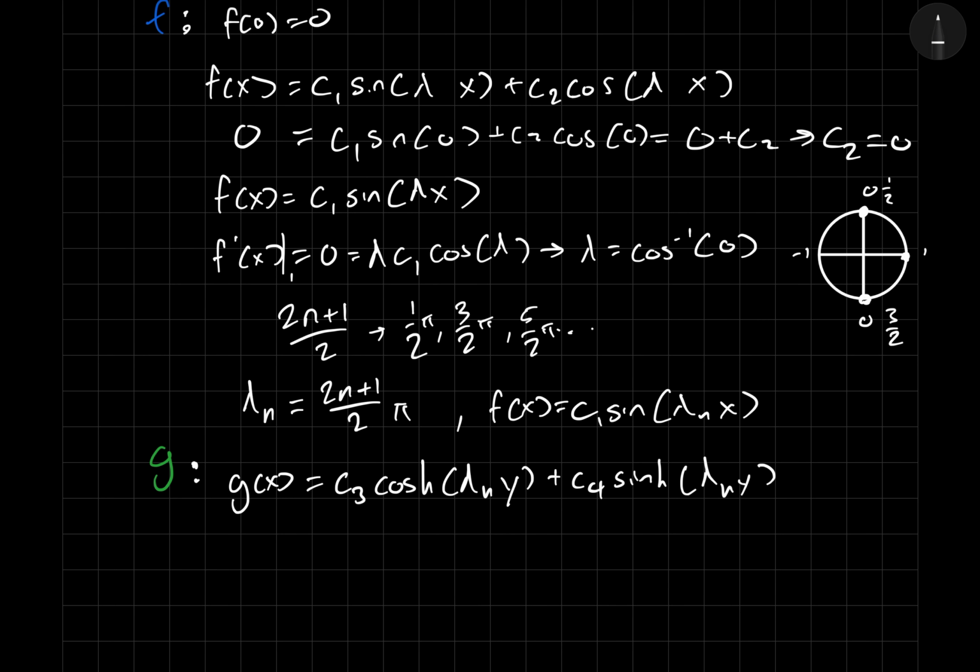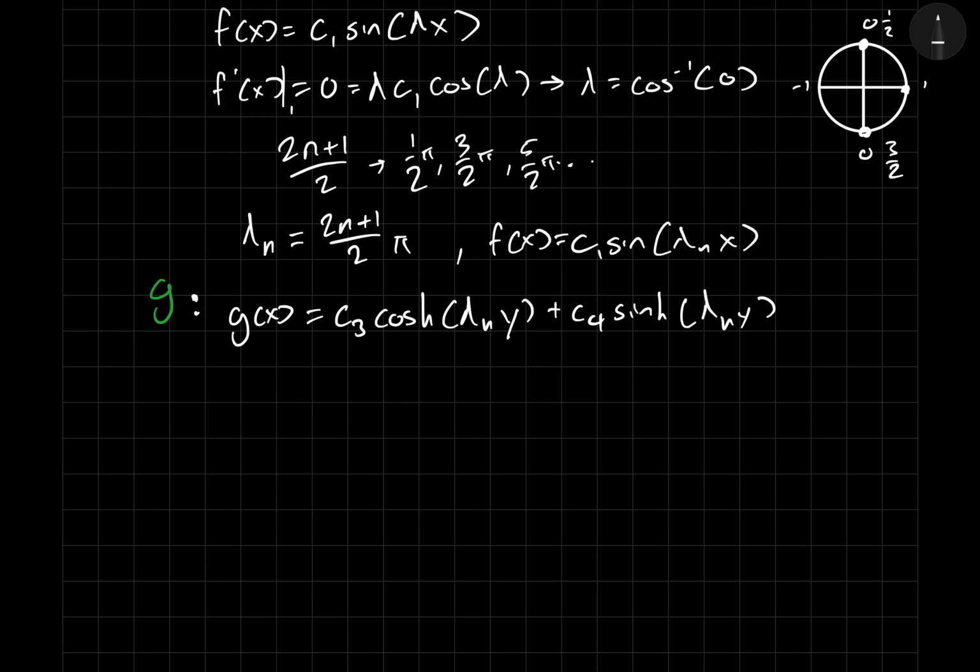And similarly, by the boundary condition where dg/dy is 0, then we can say that g of y is equal to cosh of lambda n y.